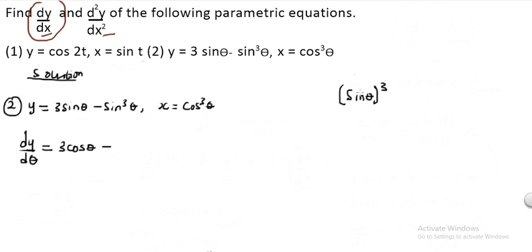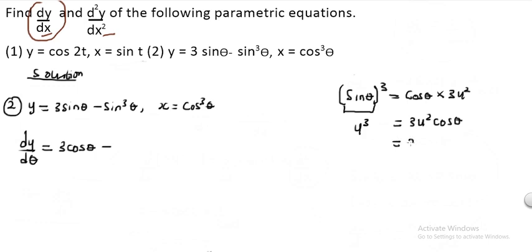How do you use the chain rule? First, you differentiate what is inside the bracket, which is cos theta. Represent what's inside the bracket as u, and then this whole thing becomes u cubed. Differentiating u cubed becomes 3u squared, times cos theta, so 3u² cos theta.